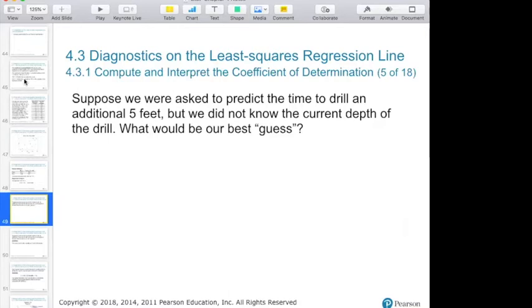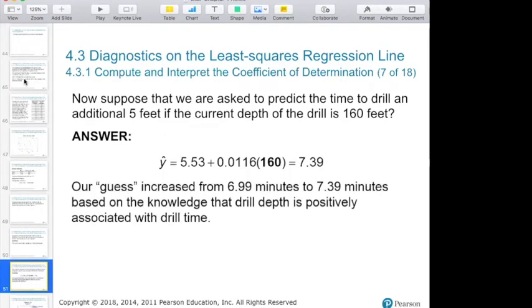So what if we were asked to predict the time to drill an additional 5 feet, but we didn't know the current depth of the drill? What would be our best guess? Five more feet from where? That's just a guess. But what if we were asked to find the amount of time it would take to drill an additional 5 feet if we already know that we're at 160 feet?